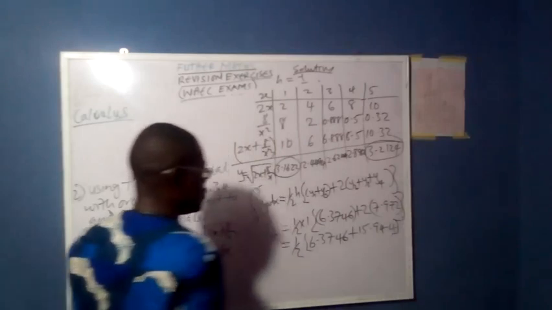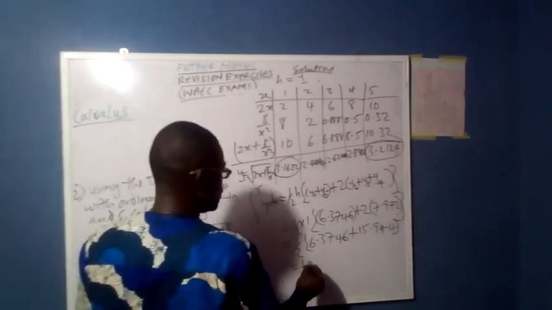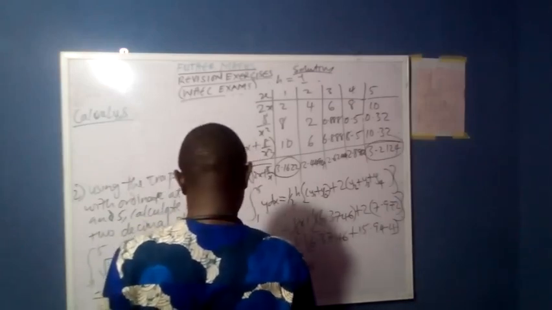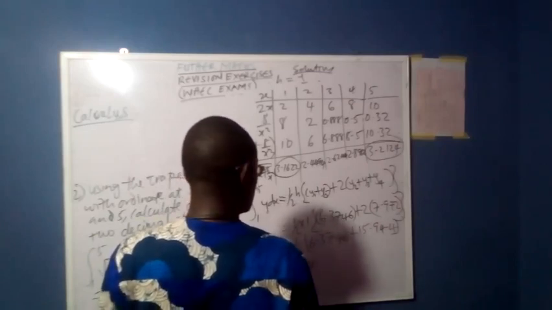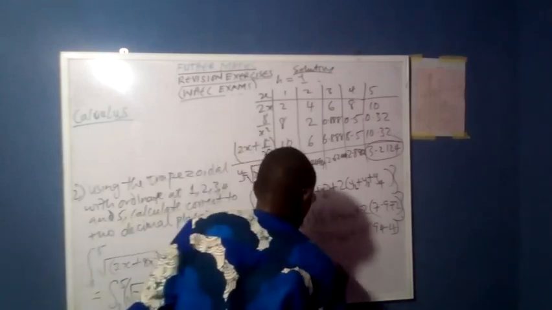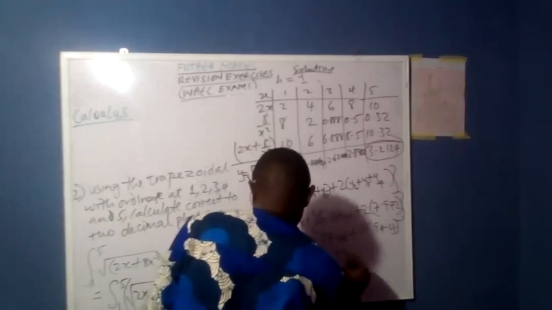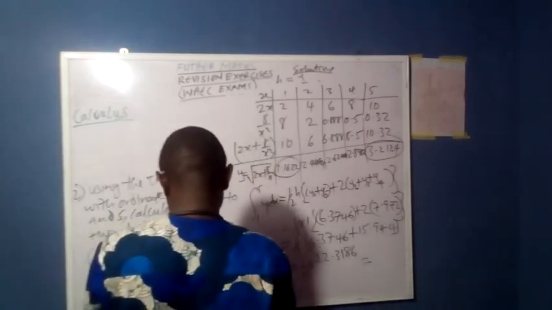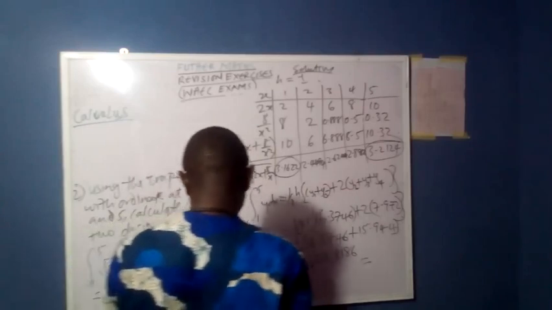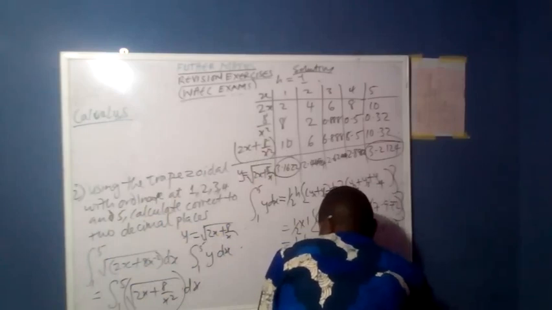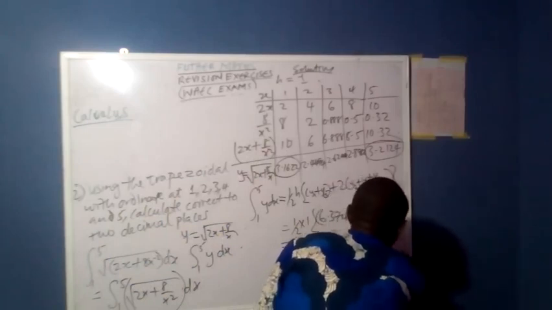This becomes 1 over 2 multiplied by the sum of 15.944 and 6.3746, that's 22.3186. Dividing by 2, we have 11.1593.